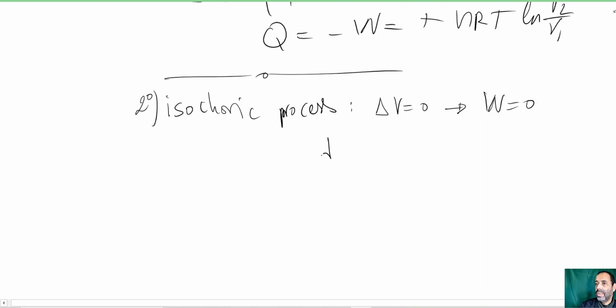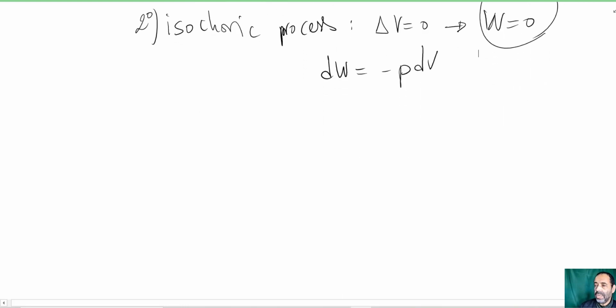Remember, the work, in small steps, is equal to minus P dV, which is simply 0 because there is no dV. So W is equal to 0. That's an important concept here, which means that all the change in the energy comes just from the heat that is added to it.